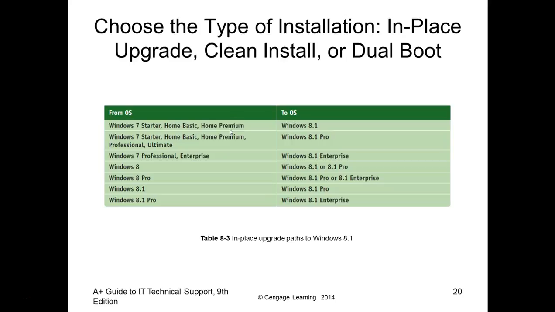One thing you'll notice here, and the general theme, is that you can always upgrade to a version better, but you can never downgrade, meaning that you can't go from Windows 7 Professional to Windows 8.1, okay, or something like that. You have to go to an equivalent version or higher when you're upgrading. So that's something to keep in mind.